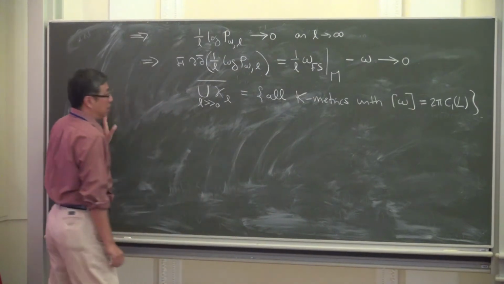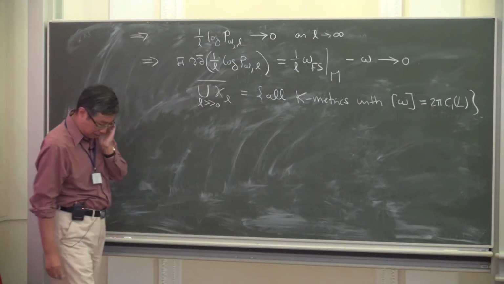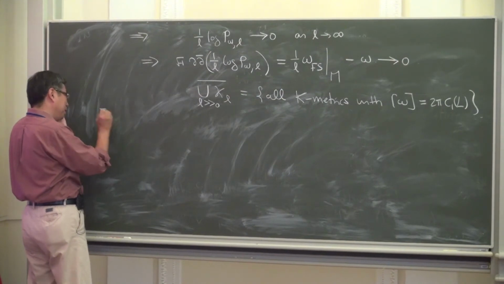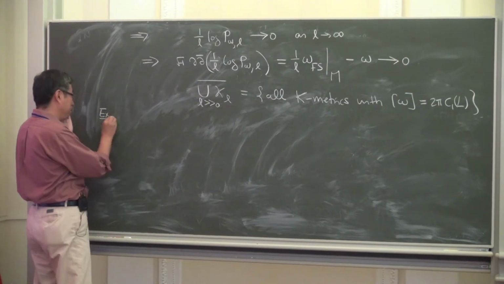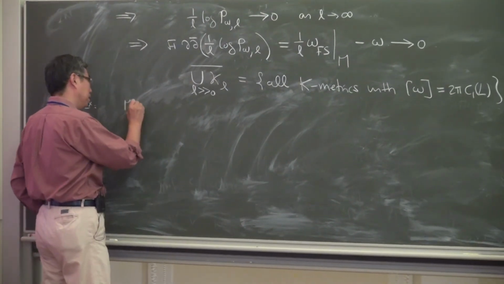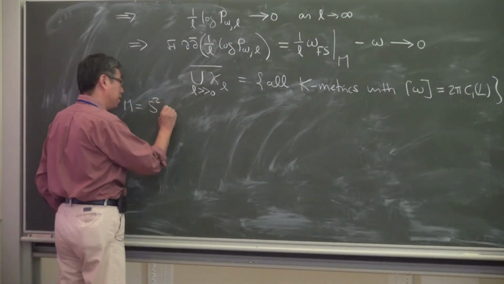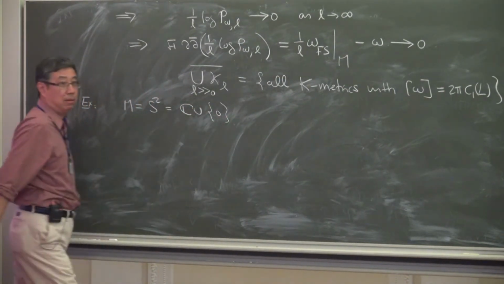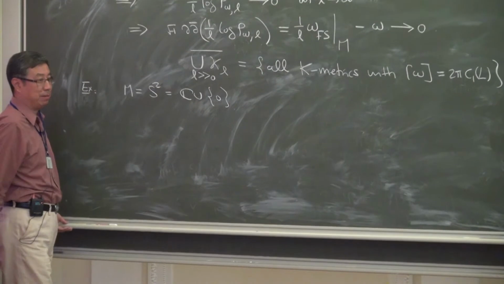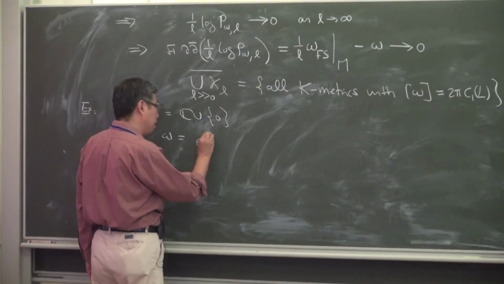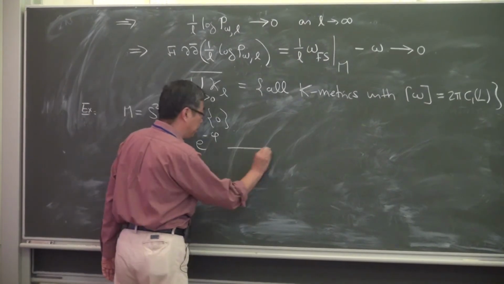So okay, let's give you all the Kahler metrics, and actually give you an exercise. Maybe you can check this. Maybe you can imagine you try to prove something more elementary. So let's say M is S2, which can be seen as CP1, just the projective space. And then any omega basically can be written as e minus phi, some standard metric.